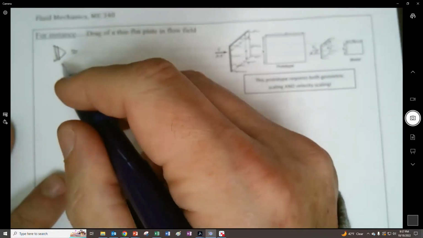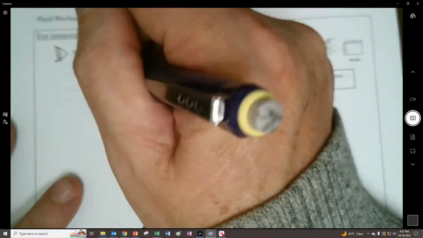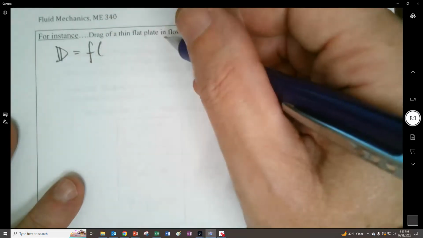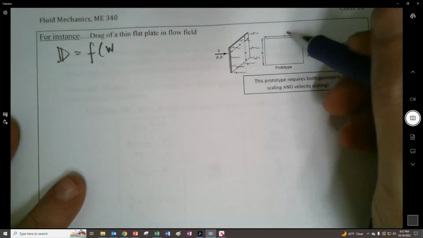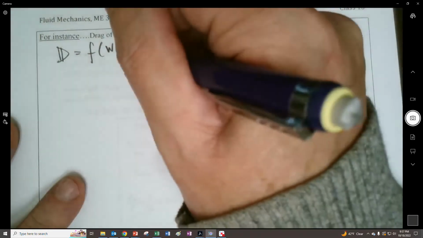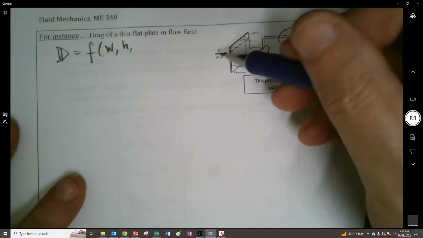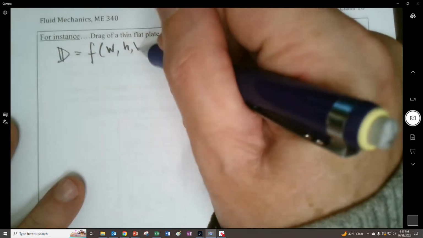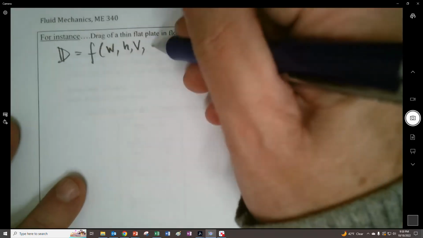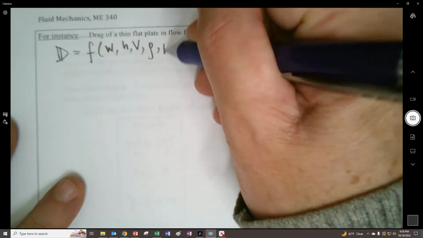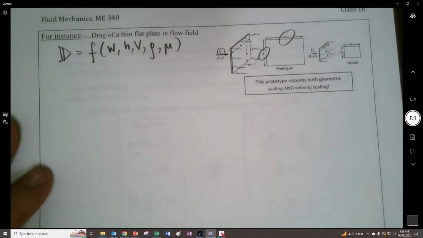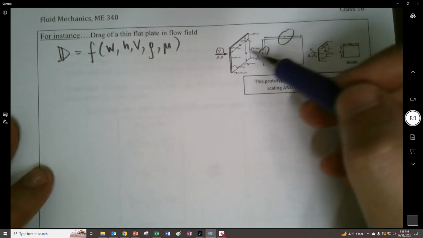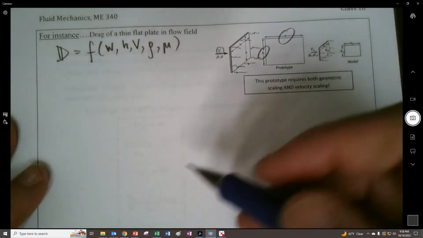So we're going to take this drag force, and the variables that we would use would be the width, the height, a wind velocity, a density, and viscosity. Anything more? I think that's it. We might get to roughness or something like that, some other things we could try to include.